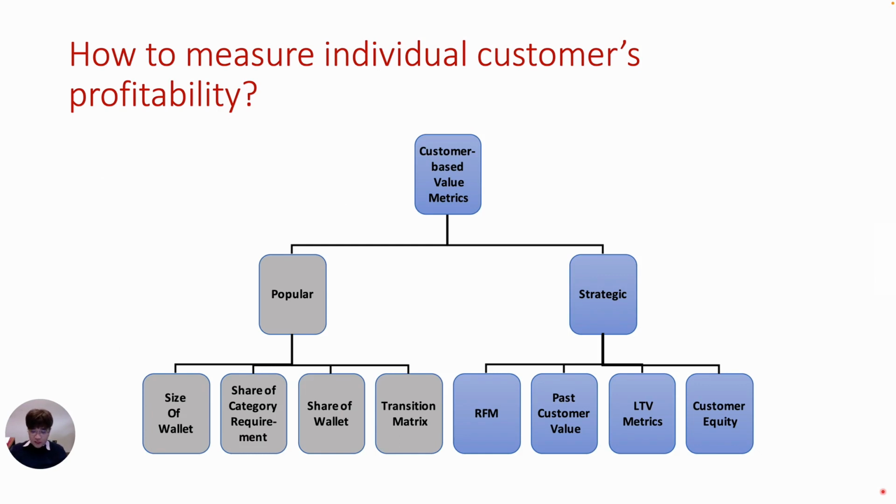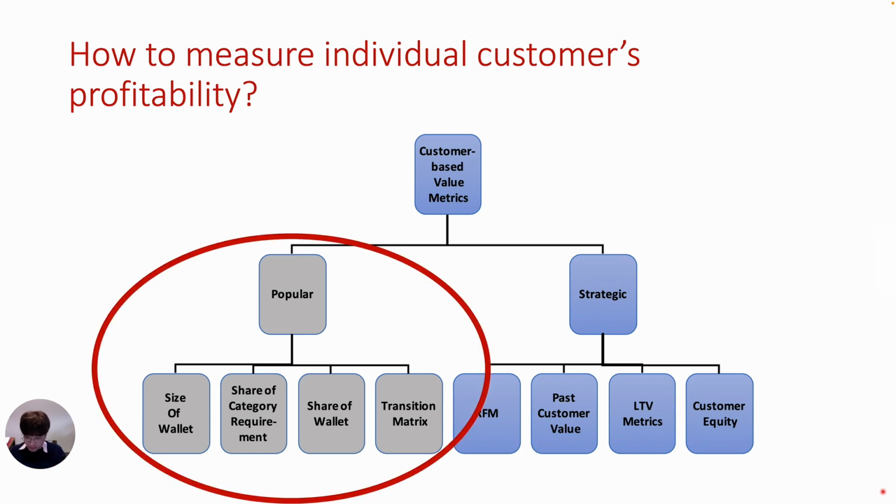So the question we have now is how to measure individual customers' profitability. There are several metrics based on each customer's purchase history. During this lecture, I'm going to introduce these metrics in gray. They are sometimes called popular customer-based value metrics because of their intuitive nature.